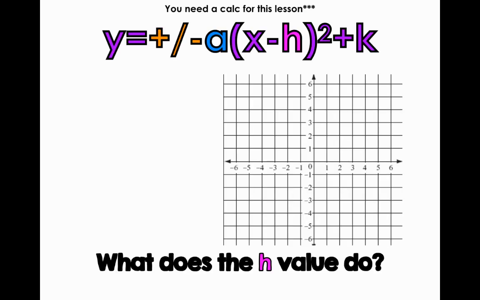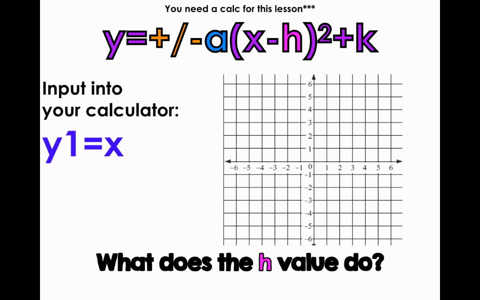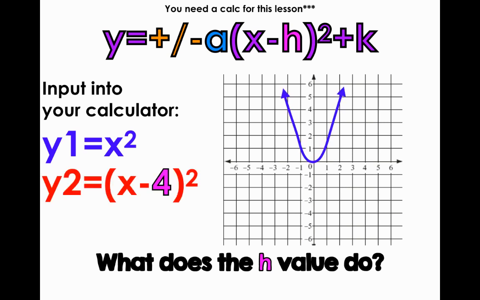So again, what does the h value do? If you input y equals x squared into your calculator, you'll get a graph that looks like that. And if you input y equals x minus 4 squared, your h value is 4, and what it does is move your graph 4 to the right.